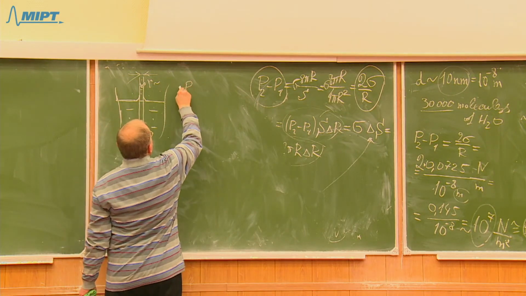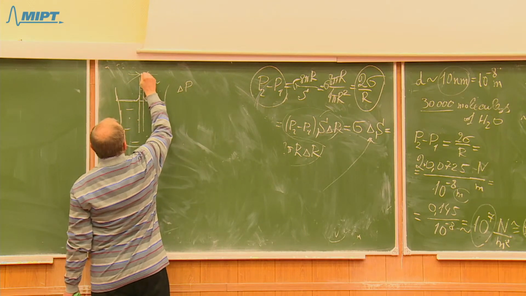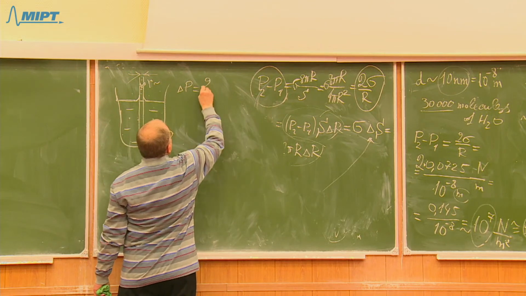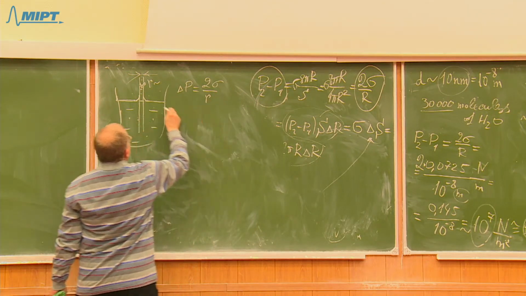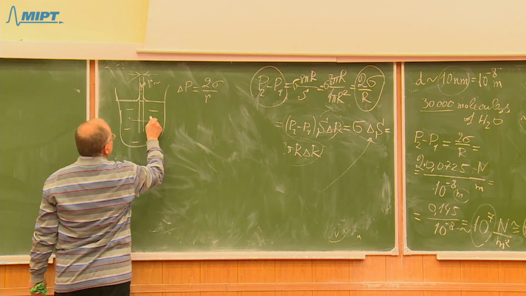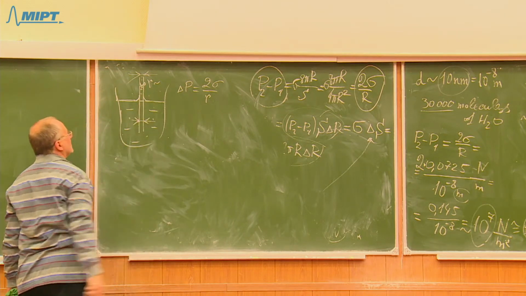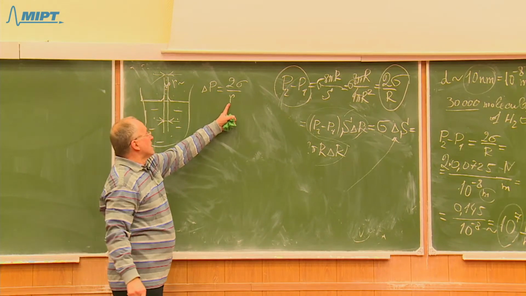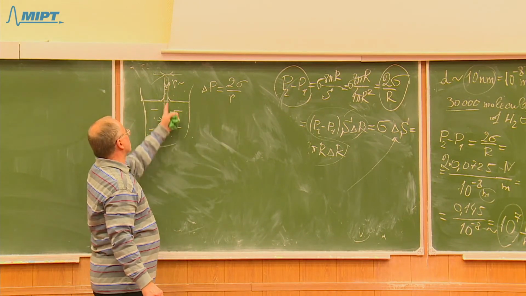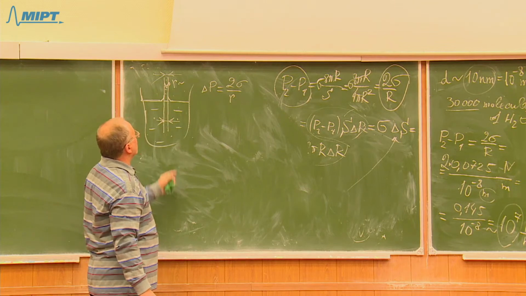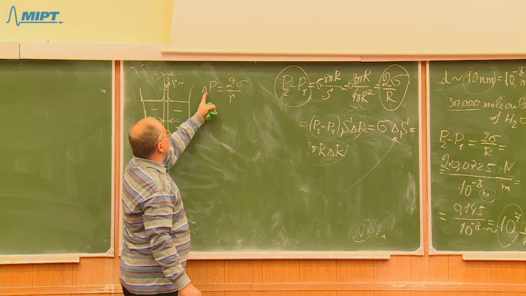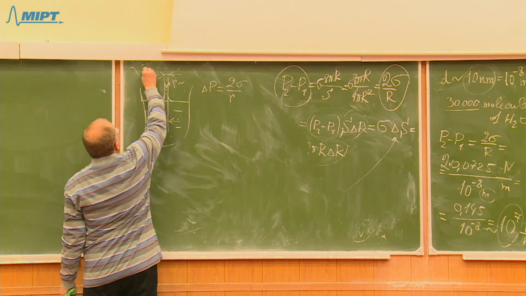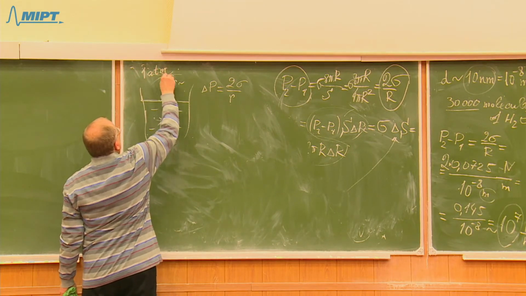So the pressure difference, delta P, in atmosphere and in water will be given by 2 sigma divided by r. R is known because this is the internal diameter of our glass tube.